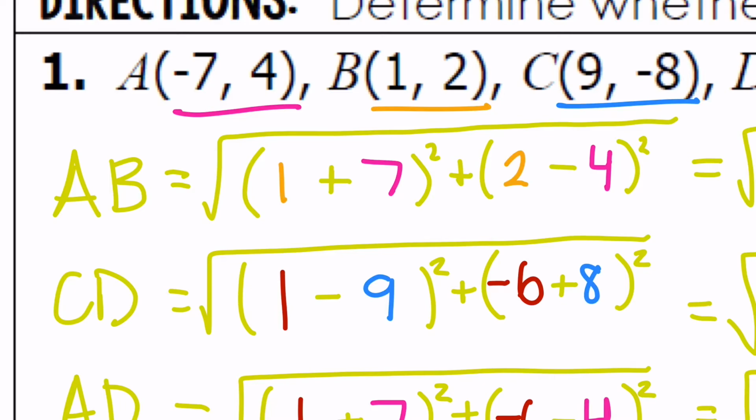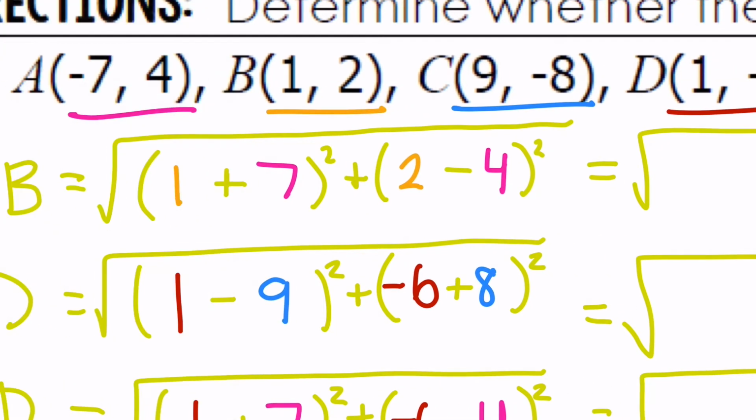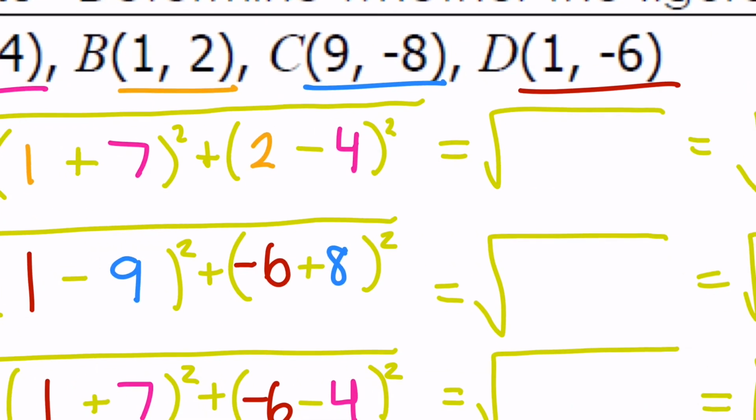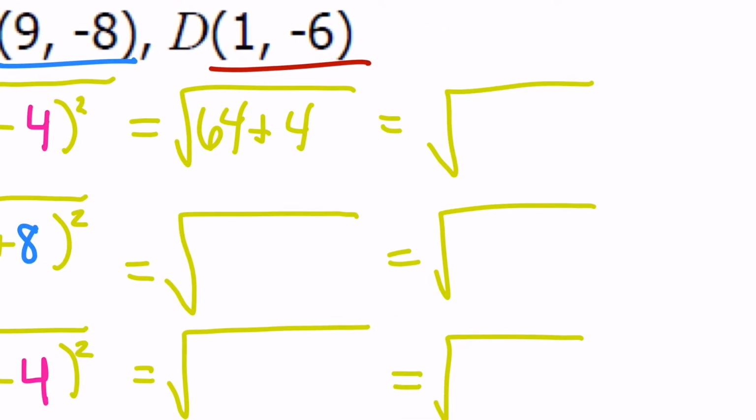I'm going to go ahead and work that out. 7 plus 1 is 8 squared, which gives me 64, plus 2 minus 4 is negative 2 squared, which is 4, which gives me the square root of 68. You can just leave it like this. Don't bother getting a decimal out.